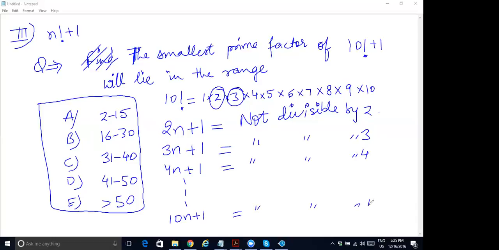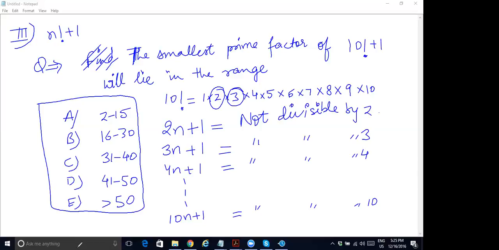That means any number from 2 to 10, or basically 2 to n, cannot divide this. So we are not sure if there will be any such number greater than n, but if there exists such a number, then it must be greater than n.